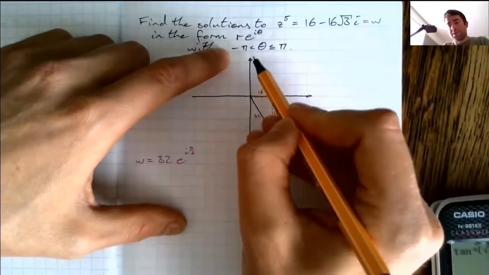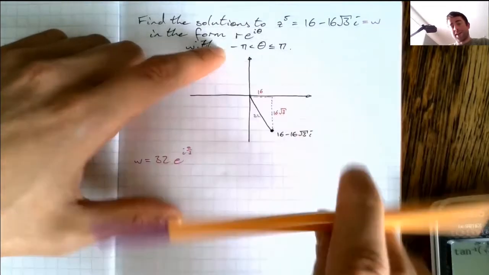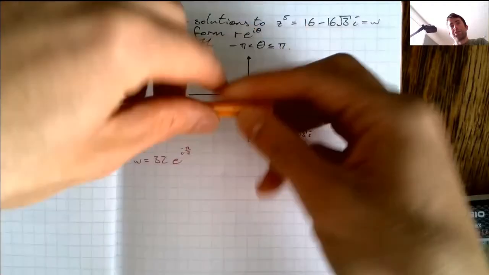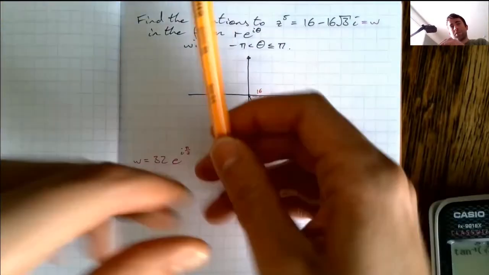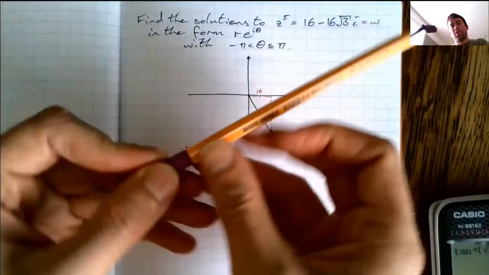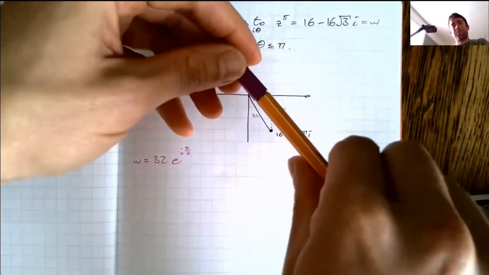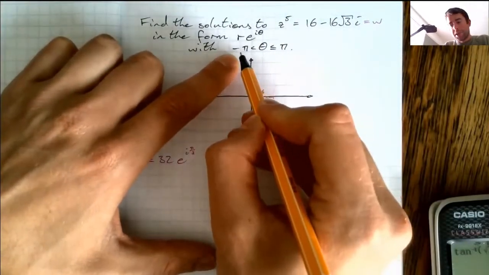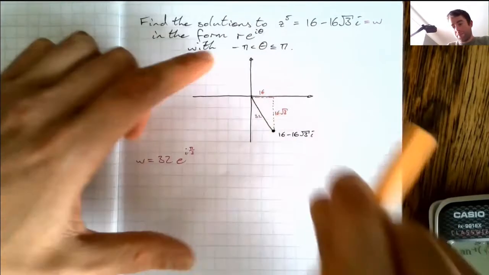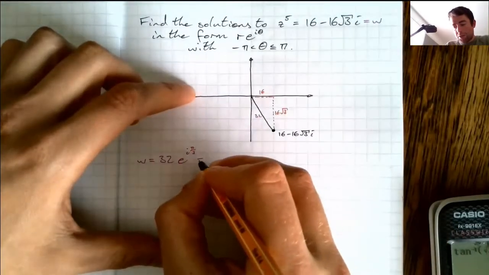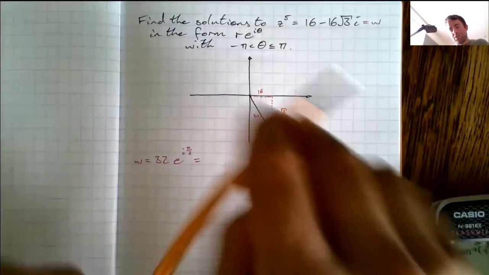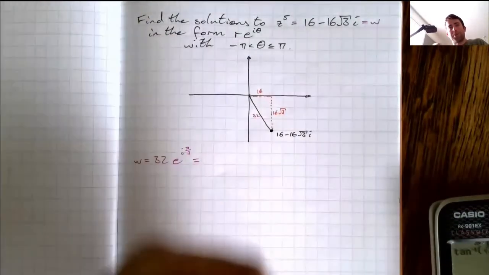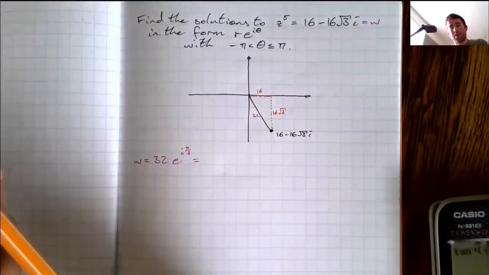If the range had been given between 0 and 2 pi, so just positive arguments, I would have added on 2 pi lots of times. But because the solution set needs to be between negative pi and pi, I'm going to add on 2 pi a couple of times and subtract 2 pi a couple of times.